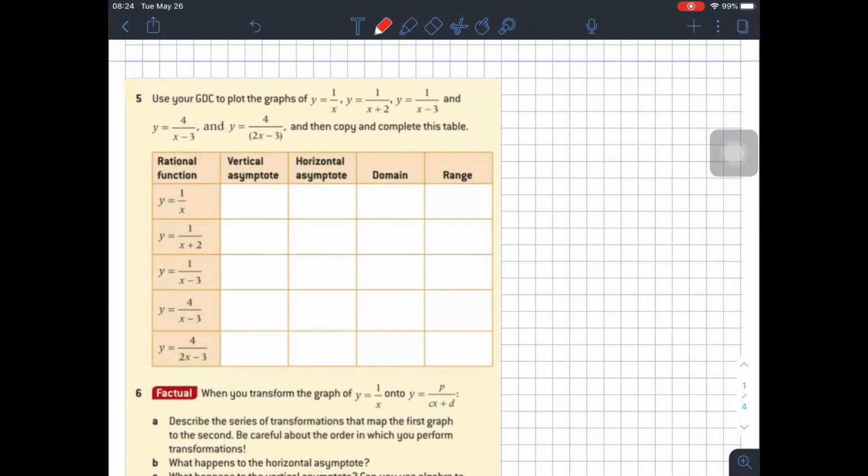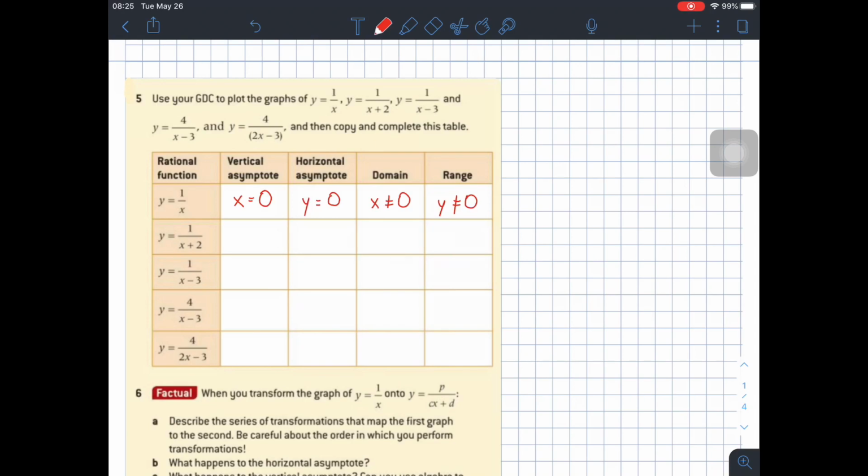So, in the first case, 1 over x, if we set the denominator to 0, the vertical asymptote is x equals 0. The horizontal asymptote is y equals 0. This is the original function, so x different from 0, y different from 0. Then the second function, as we saw in the graph, the vertical asymptote actually moved 2 places to the left. But an easy way to remember this without having to graph is just setting the denominator to 0.